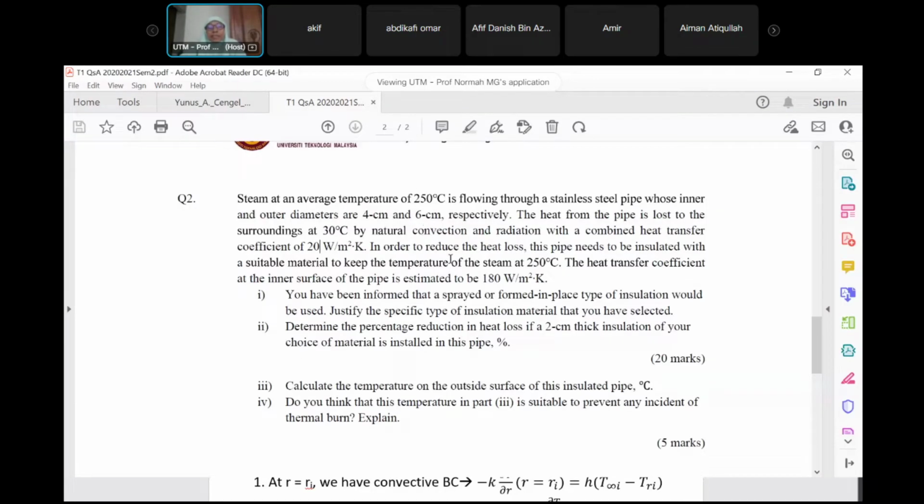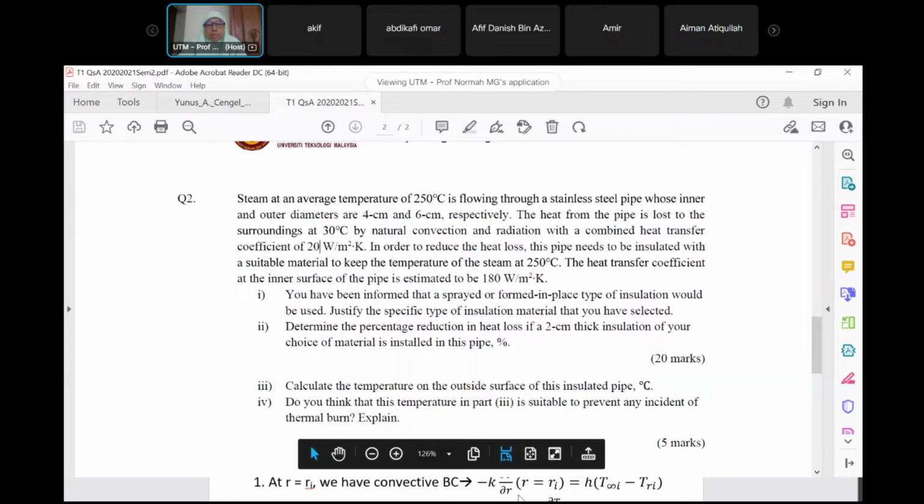Now you need the boundary condition. So some students say assume the inner surface temperature is 250, outer surface temperature is 30. But it's not, right? Because this is a surrounding, it's not the wall of the pipe. So be careful. In order to reduce the heat loss, it needs to be insulated to keep the temperature of the steam at 250.